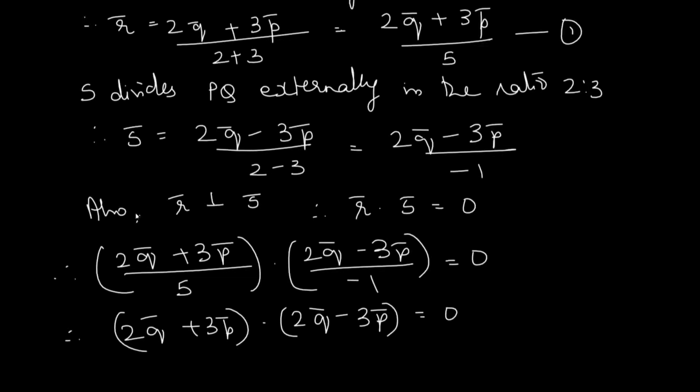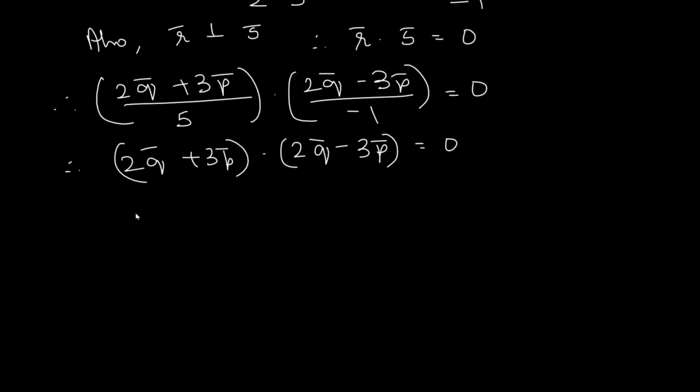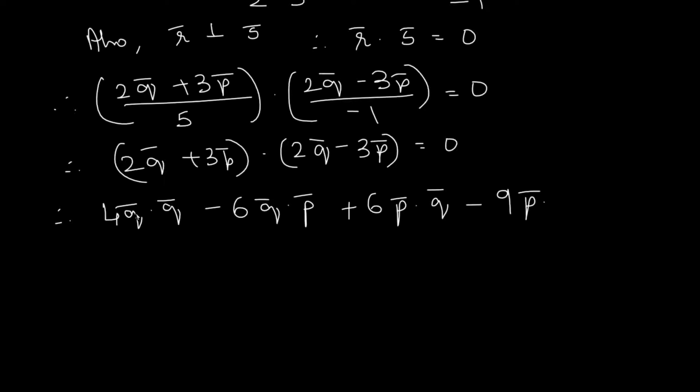The denominators are eliminated. Now we find the dot product, that is we get 2Q dot 2Q is actually 4 Q dot Q, minus 6 Q dot P plus 6 P dot Q and minus 9 P dot P is equal to 0.